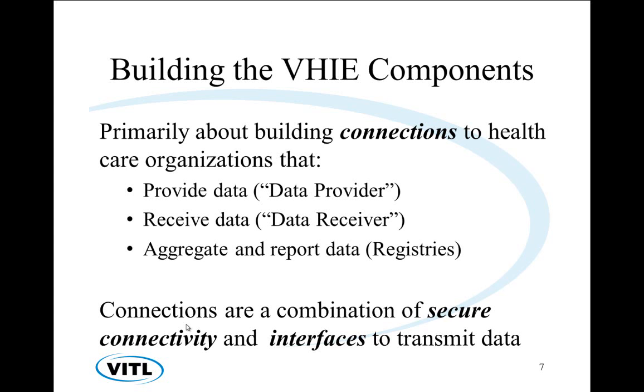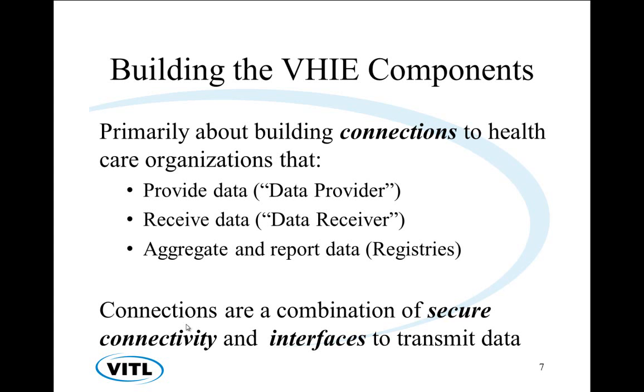When I say provider in this sense, I don't mean a physician. I mean it's an entity or an organization that's actually providing data to the VHIE. We can also set up connections that receive data. We call these data receivers. Or we can set up connections to registries, and they aggregate and report data. So we're talking about these three types of connections at a high level.